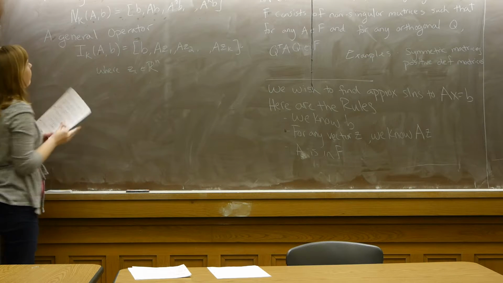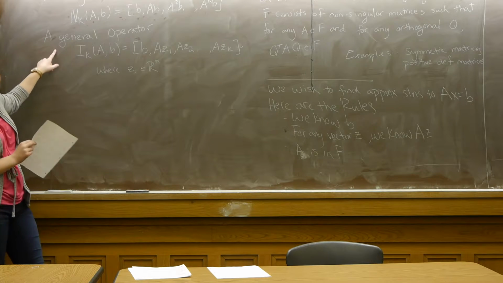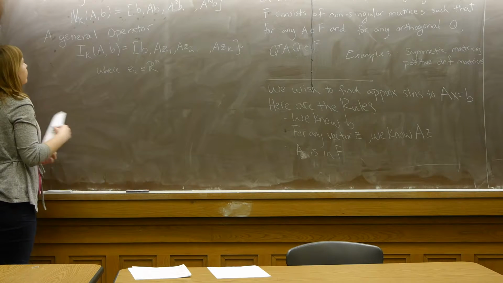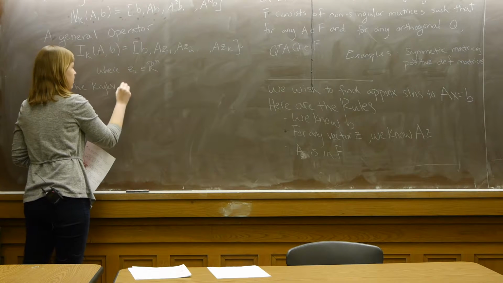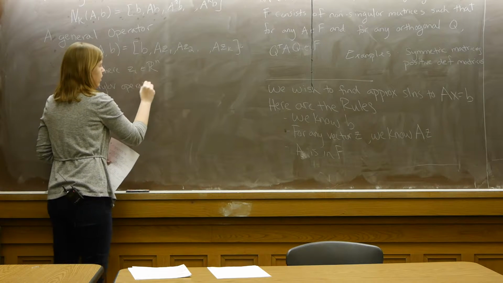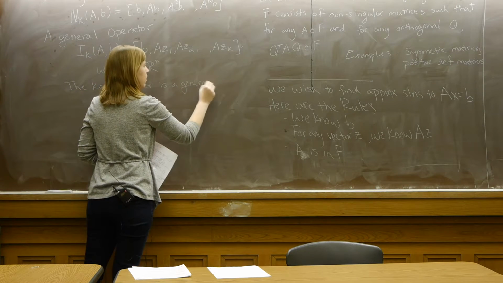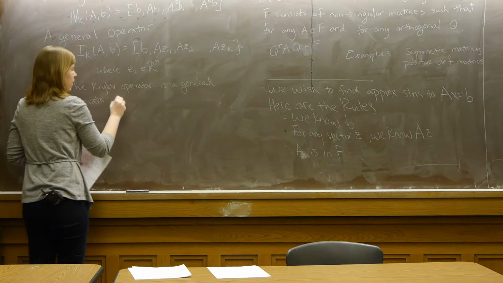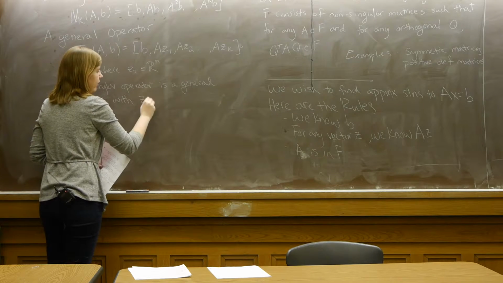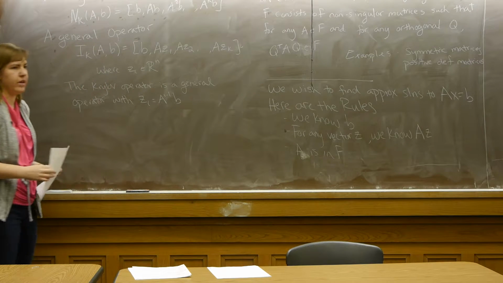So notice that the Krylov operator is a general operator, with the z_i vector just being A to the i minus 1 power times b.